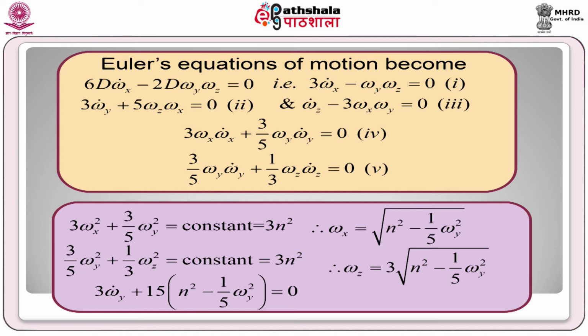In a similar fashion, multiplying equation 2 by omega y divided by 5 and multiplying equation 3 by omega z divided by 3 and adding, we get this equation. Here also we wanted to cancel these product terms. That is why we have multiplied by omega y by 5 and omega z by 3 to eliminate these product terms.